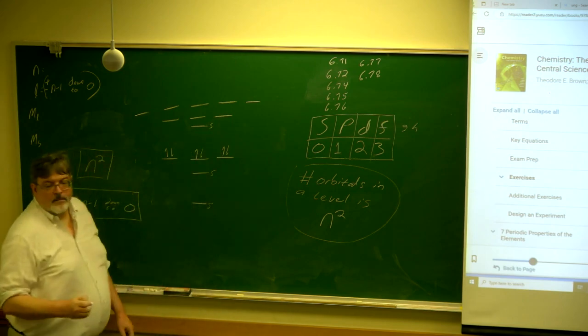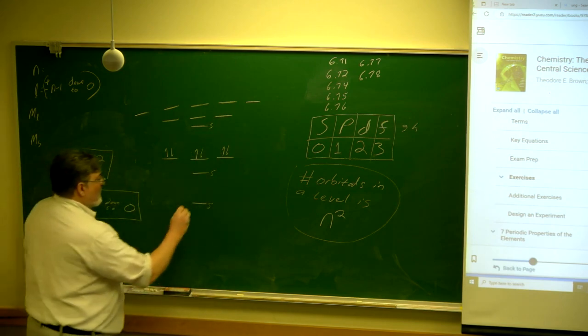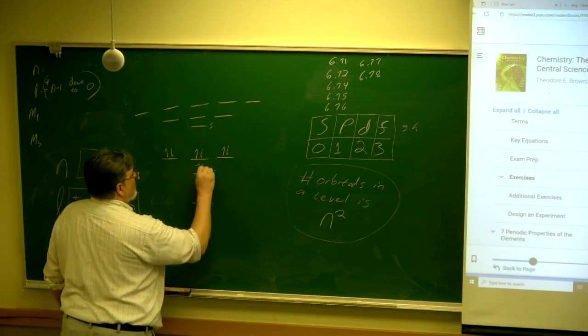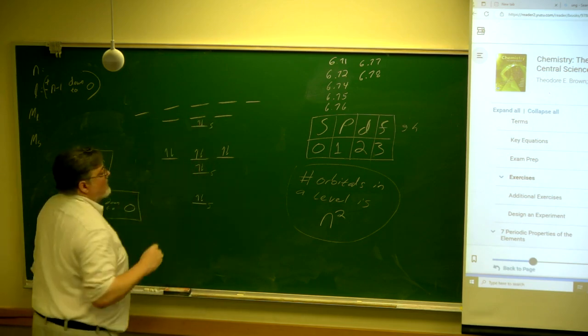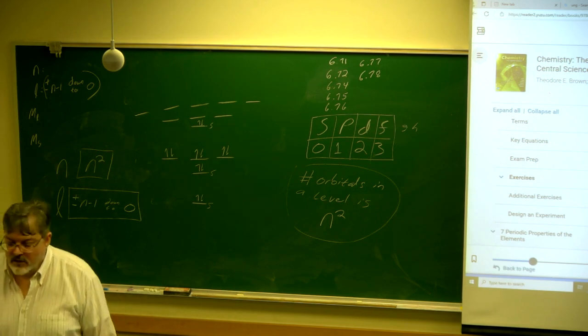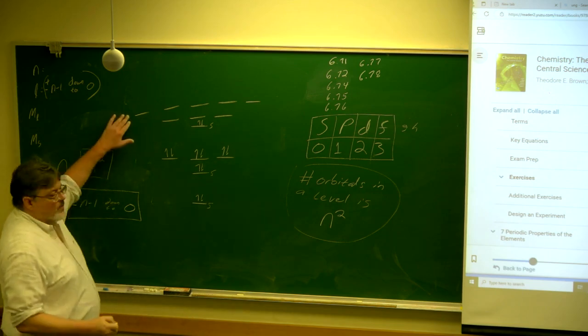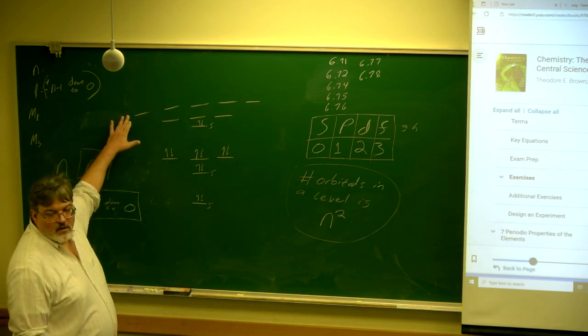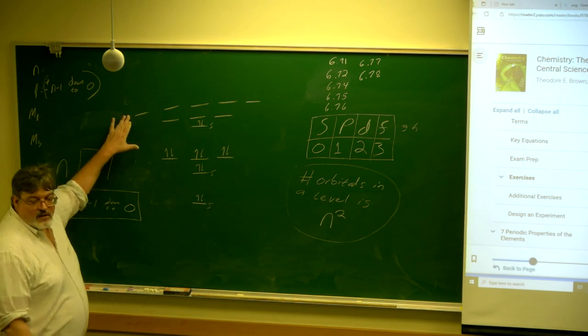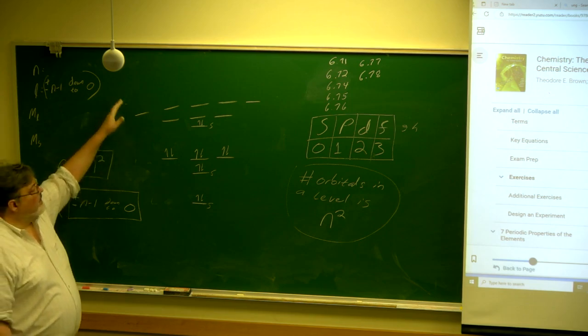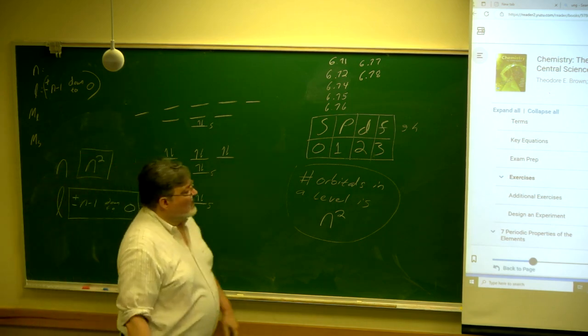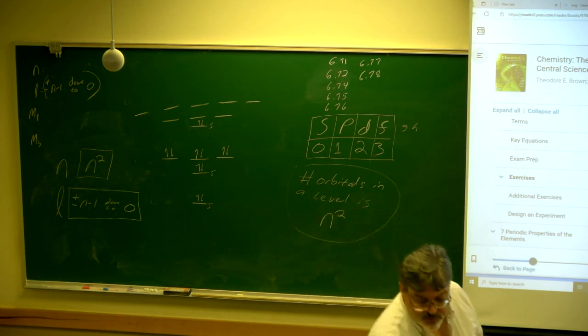What's that? 2. And you get 6 in a p orbital. How many do you get in the d orbital? There's 5 here. You can fit 2 in each. So that gives you 10. You get 14 in the f orbitals.